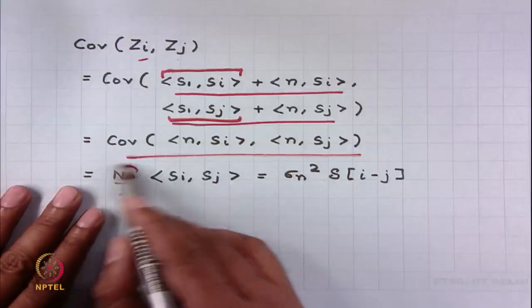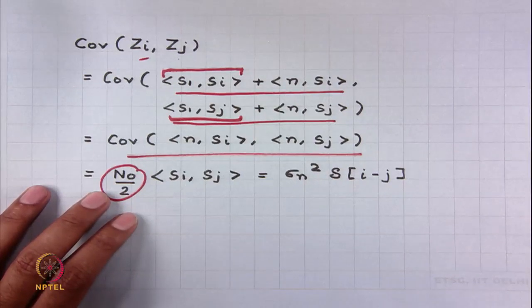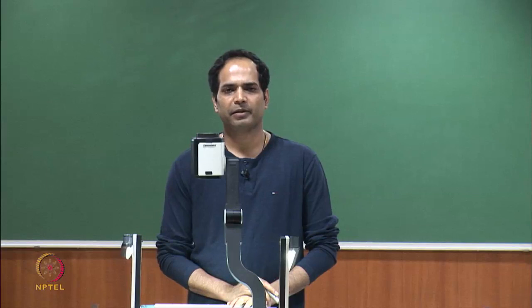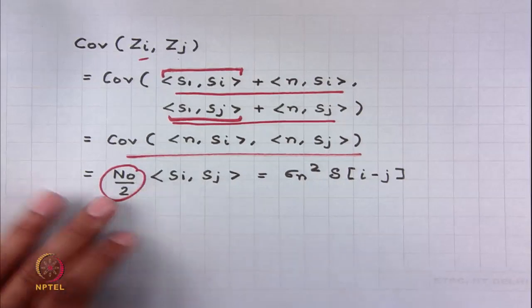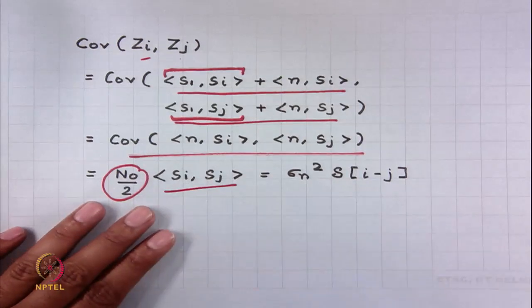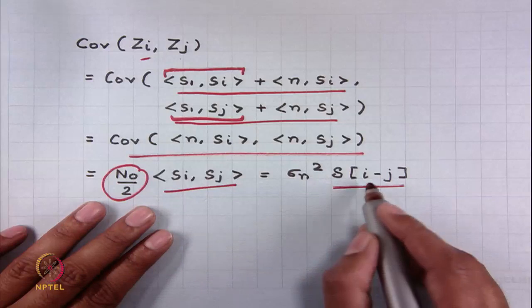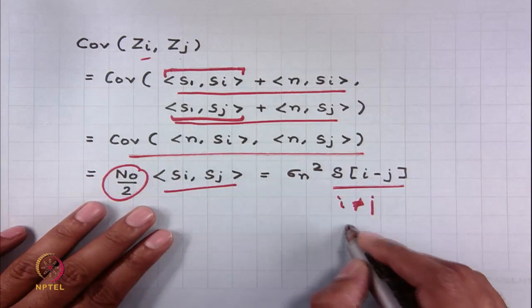This is simply N naught by 2 if I assume that the one sided power spectral density of input noise is N naught, because we always assume input noise to be white Gaussian noise with one sided power spectral density of N naught, and so it is here. So, this covariance is simply N naught by 2 times the inner product of Si with Sj, and we know that this will be 0 if j is not the same as i, and thus to have this effect we have an impulse function here, which is 0 if i is not the same as j, and 1 if i is the same as j.